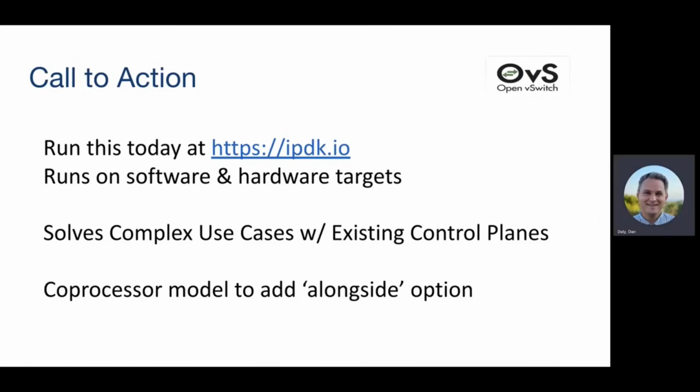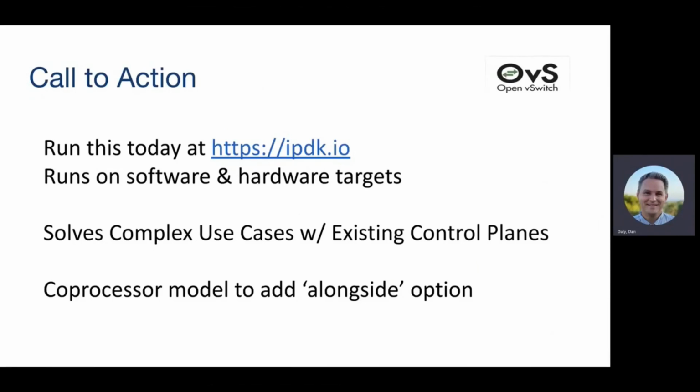And we really think that this can solve a really large space of use cases that start to get extremely complex without having to have brand new control planes or brand new concepts being introduced. We can combine the pieces that you need.